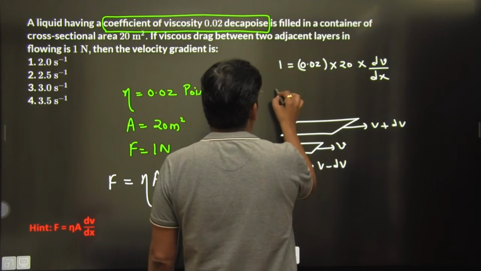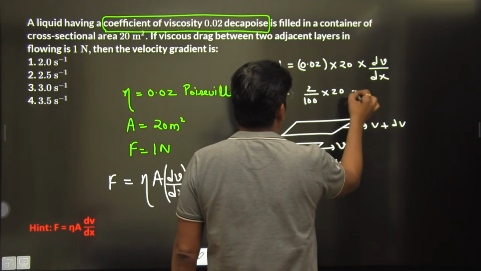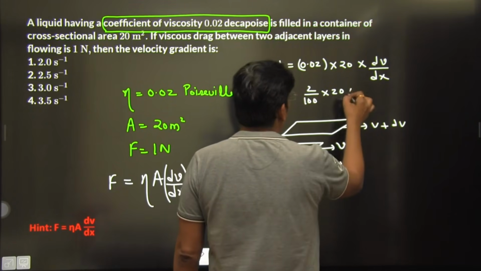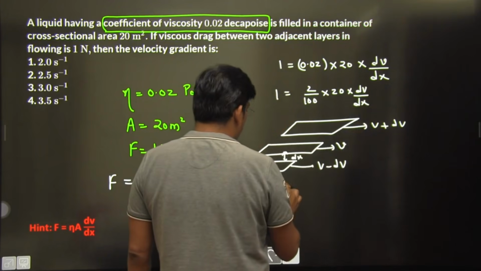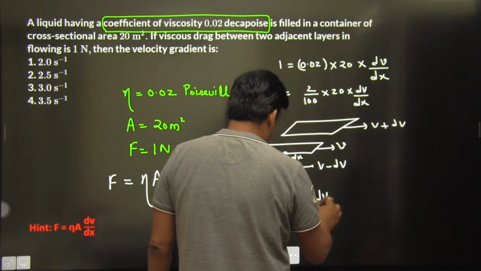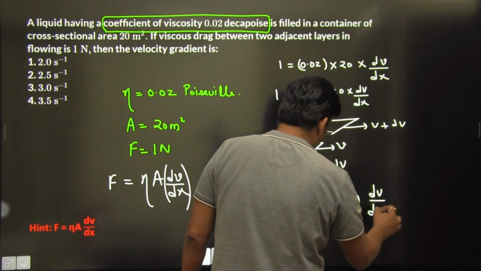This is 2 divided by 100, dear students, into 20 equals multiplied by dv by dx. Now this is 100 divided by 40 equals dv by dx. So the value of velocity gradient dv by dx would be 2.5.